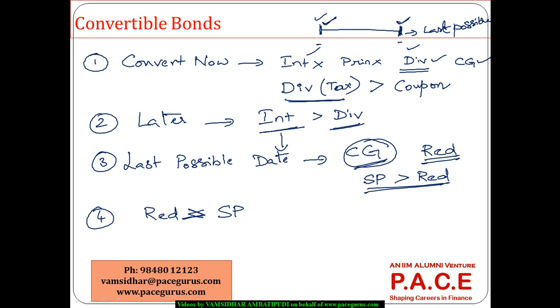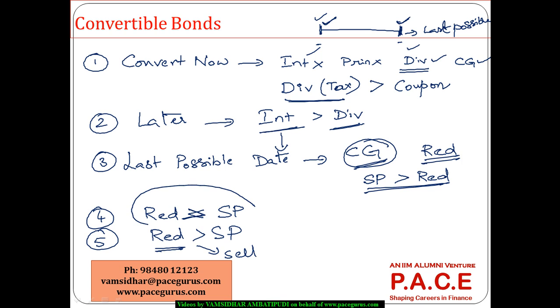But if I am seeing now that there is a requirement for money and the redemption price of the bond is greater than the stock price, and there is a need for money at this moment, I can very well sell off the bond also. I will not even hold on. I will sell the bond in the secondary market, take the proceeds, use the money, and if possible, purchase the shares of the company as such.